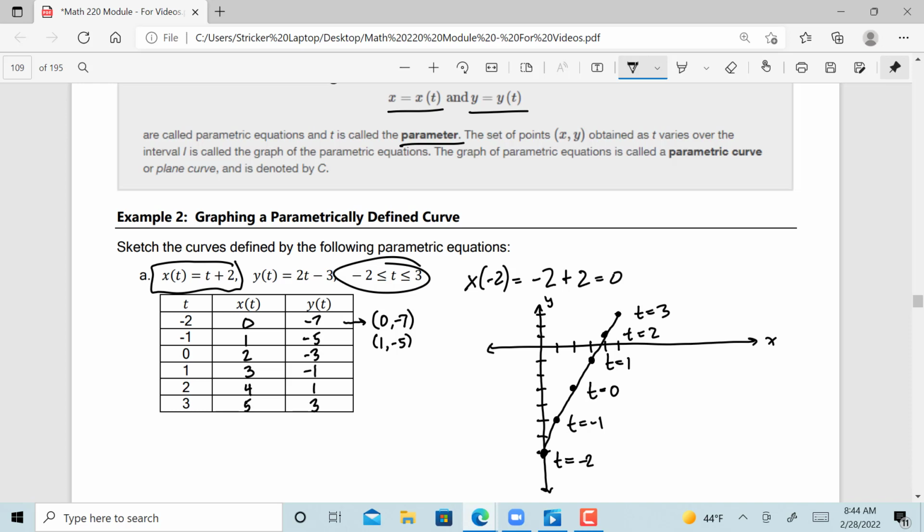The other thing that we typically put on a parametrically defined curve is little arrows to indicate how the curve is drawn out as t increases. In this case, the arrows indicate that the line goes up to the right as t increases from -2 to 3.